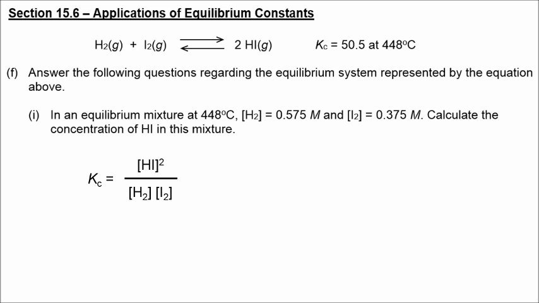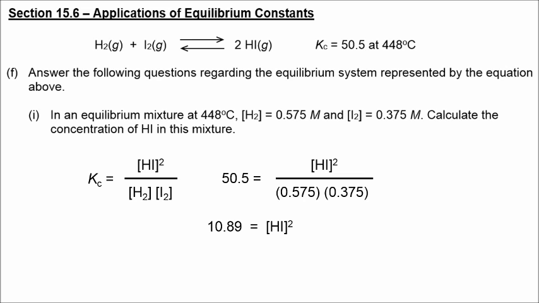We know what the expression should look like: concentration of HI squared divided by the product of the concentration of hydrogen times the concentration of iodine. It's equal to 50.5 at this temperature. We plug in everything we know and we solve for the one thing we don't know, which is the concentration of HI. So doing the math, it works out to be that the concentration of HI is 3.30 moles per liter.